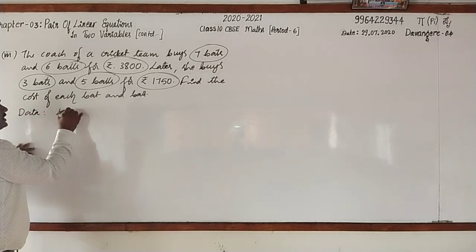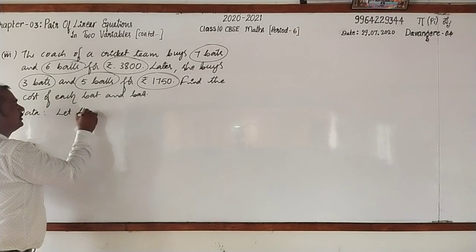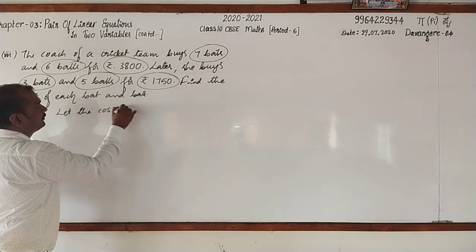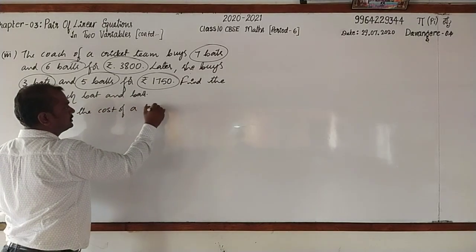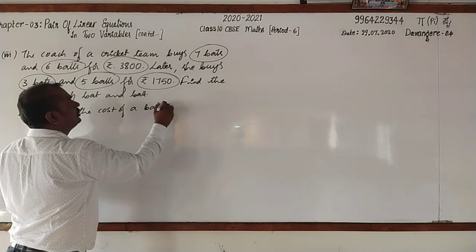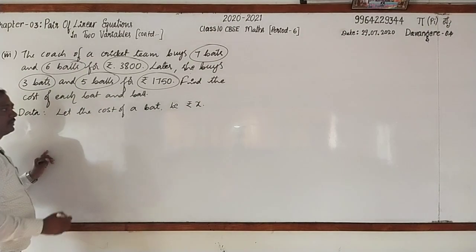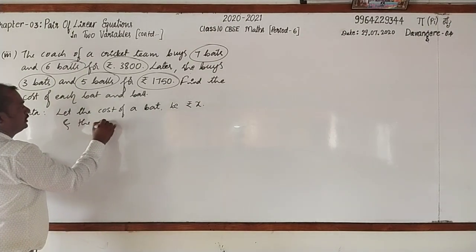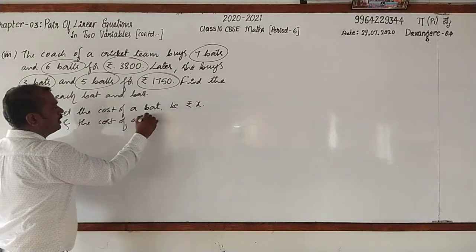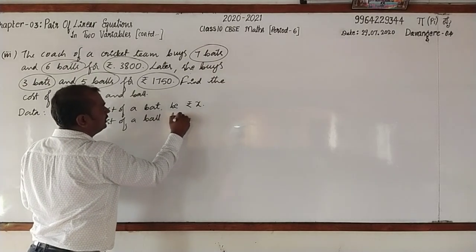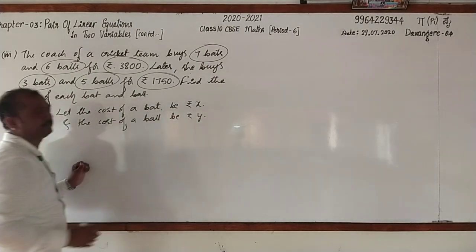We do not know the cost of each bat and each ball. Hence, first let us assume that. Let the cost of a bat be rupees x, and the cost of a ball be rupees y.